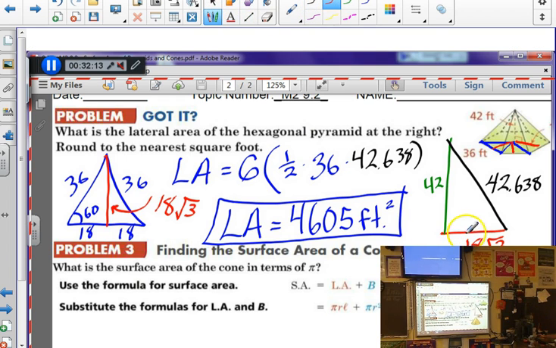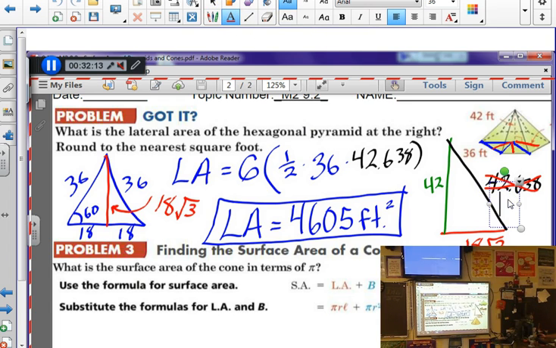So here's the way that you could have fixed this. Since we know when we square 18 root 3, that the root 3 squared is just going to be 3, just do 3 times your 18 squared. Then add that to 42 squared, then square root it, which gets you that this is actually 52.3.